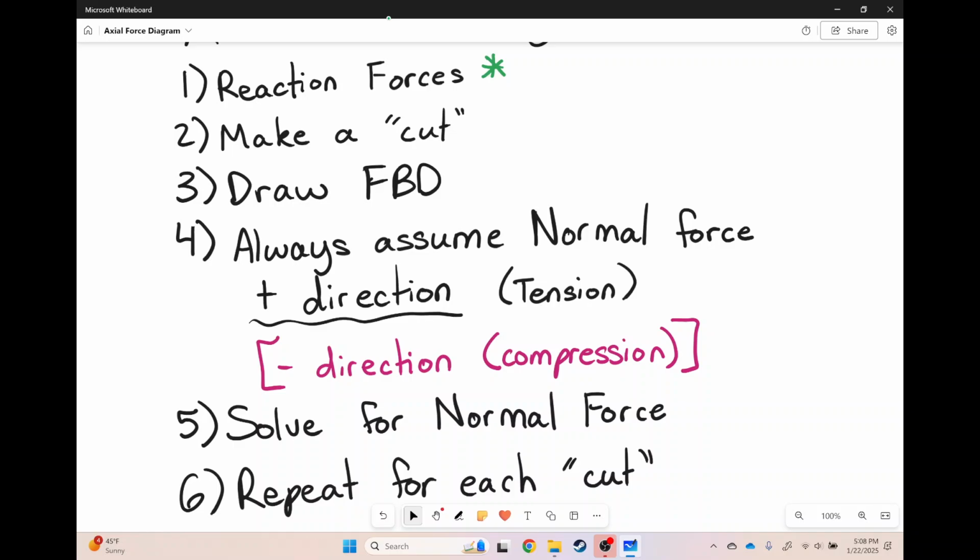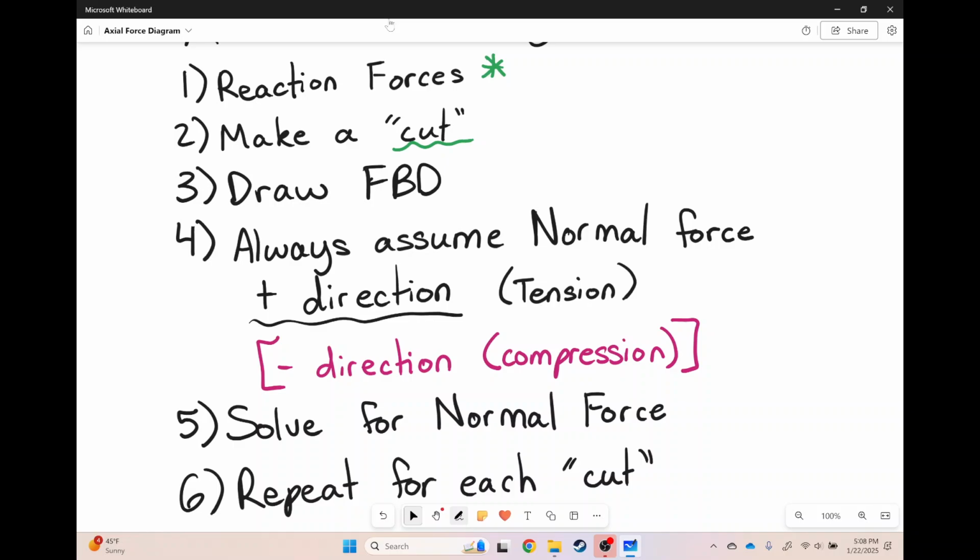There's very many instances where it is a very good thing to start by calculating the reaction forces, but technically at the end of the day, it's not required. Then we're going to make a cut, we're going to draw a free body diagram, always assuming the normal force in the positive direction, solve for said normal force, and repeat again, because every single one of these cuts is for every time the load changes, not necessarily direction, but every time there's a change in the amount of load that we have on our members.